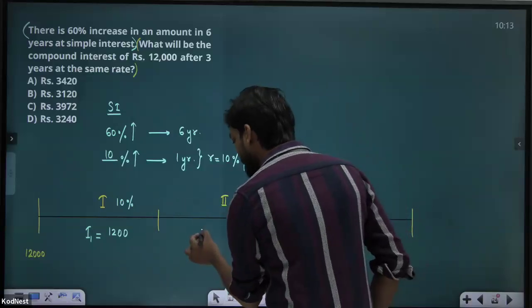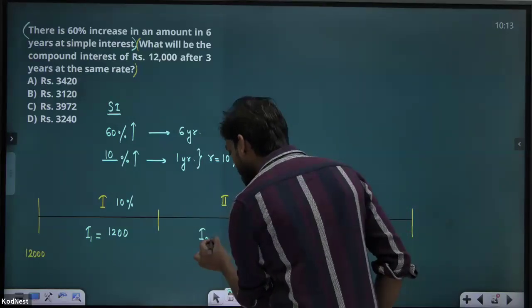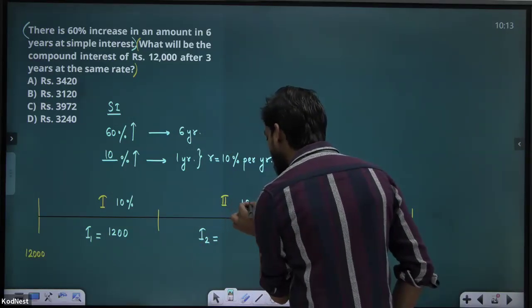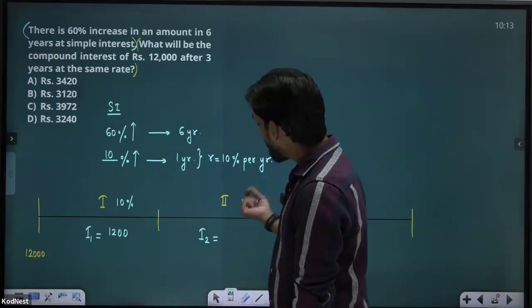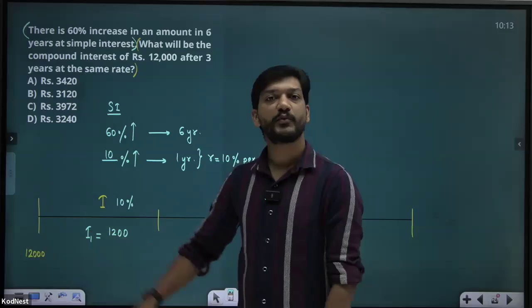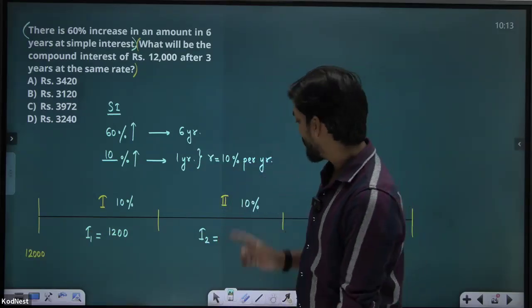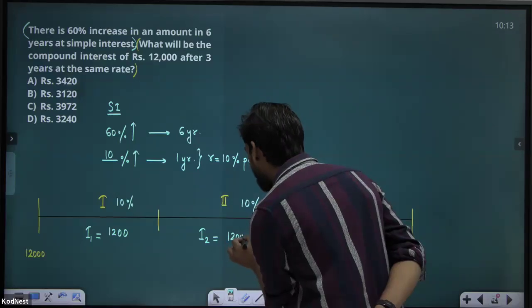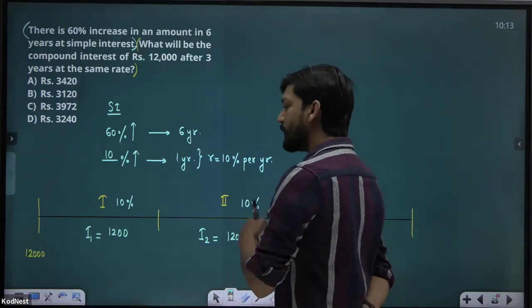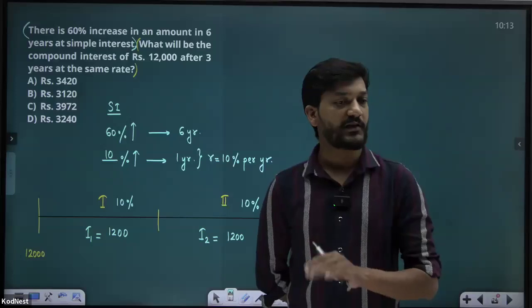Now come to the second year. Again calculate 10%. So I will calculate again 10% of principal and 10% of previous interest. So 10% of principal again will be 1200 rupees, and 10% of previous interest. Do we have previous interest now?